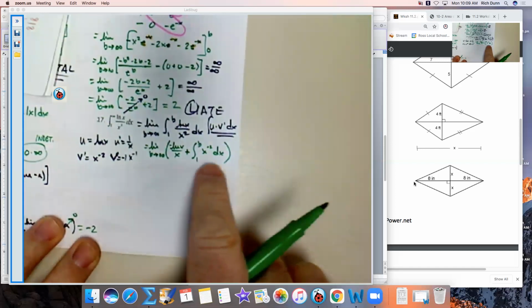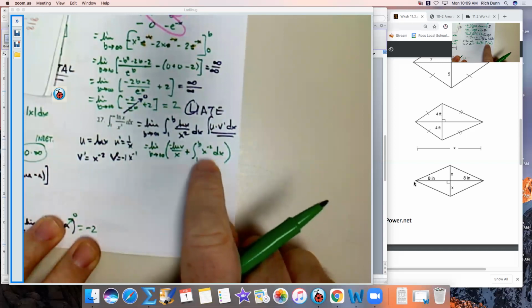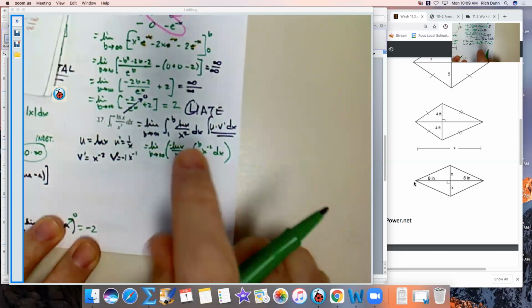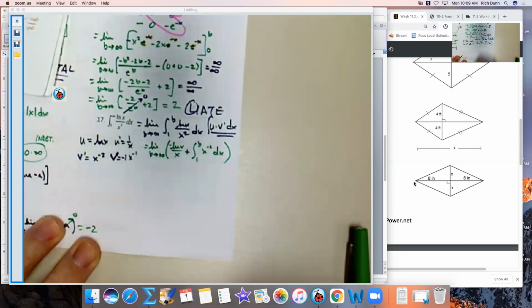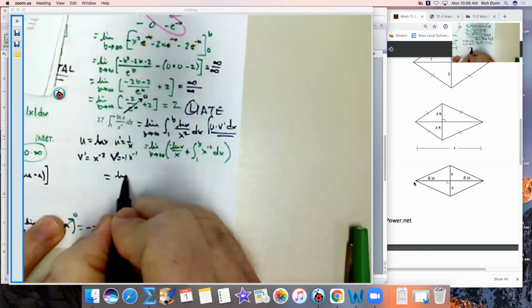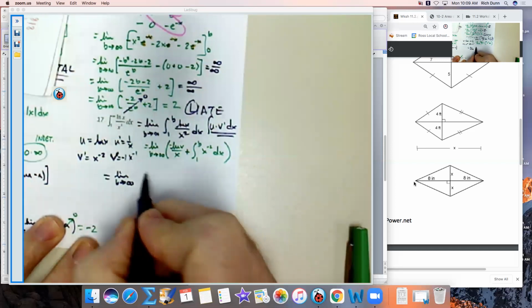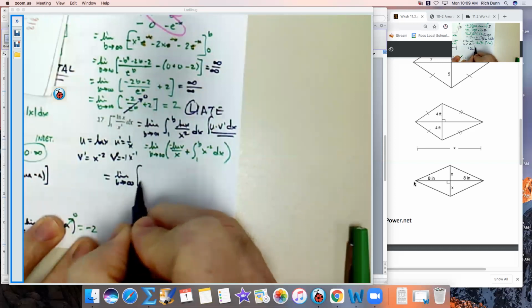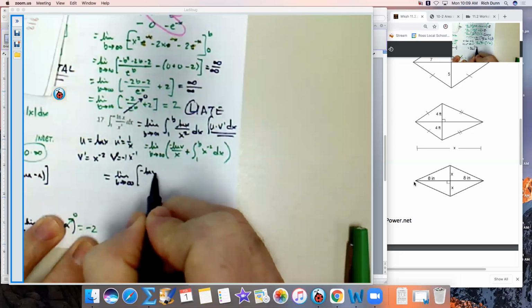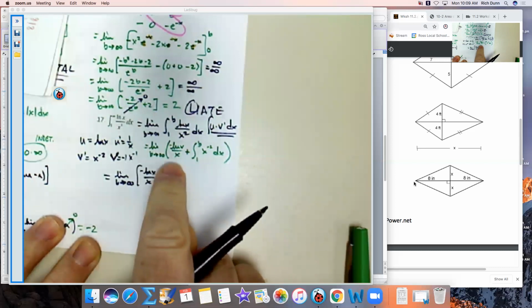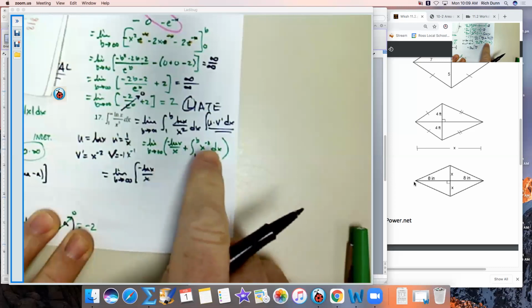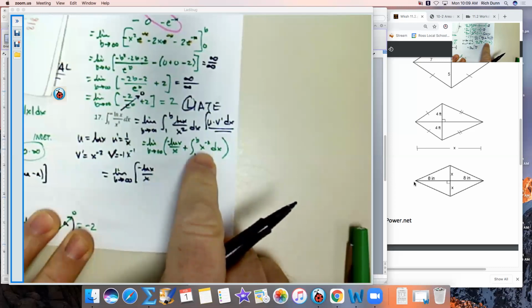I think we can go ahead and do a quick little antiderivative of this, and we'll be good. So this is the limit as b goes to infinity of the negative natural log of x over x. That doesn't change. We've already evaluated that. But this one's a simple little power rule.